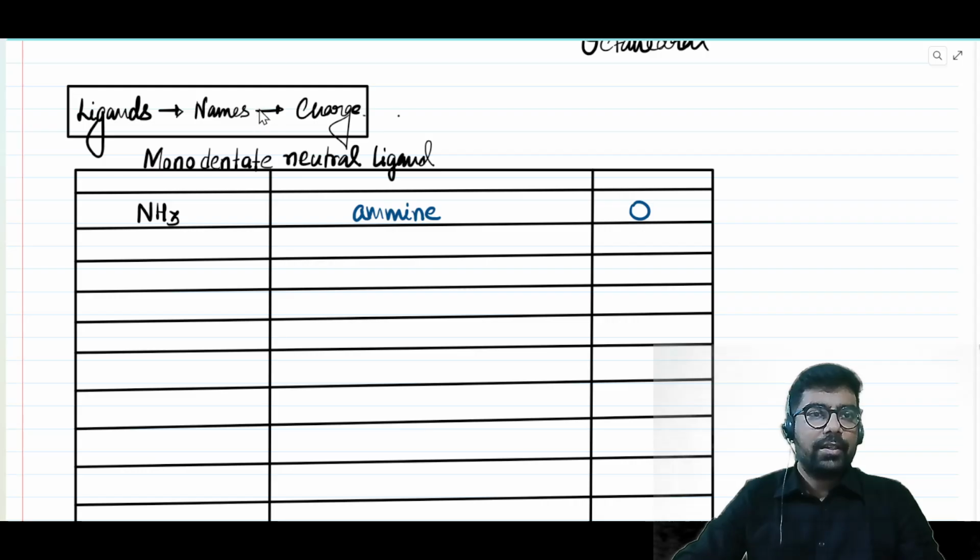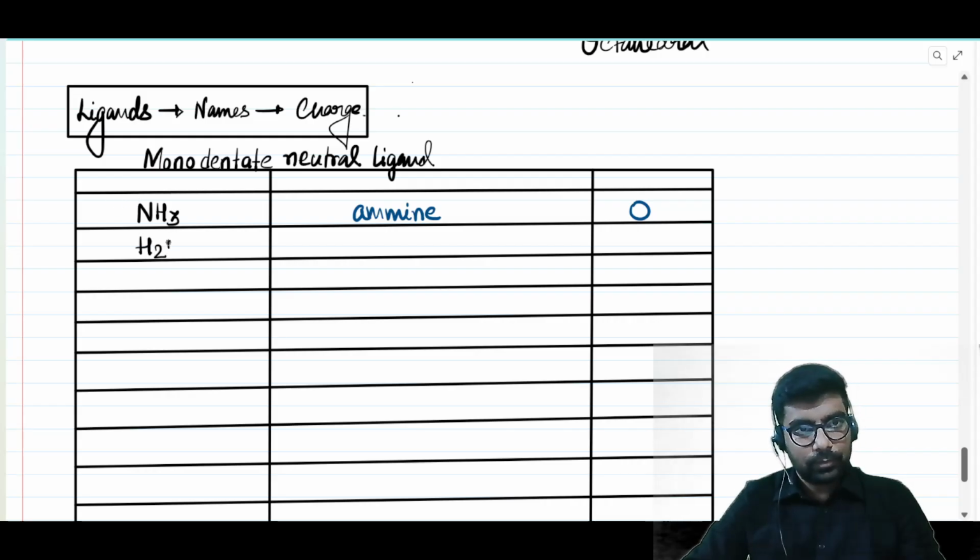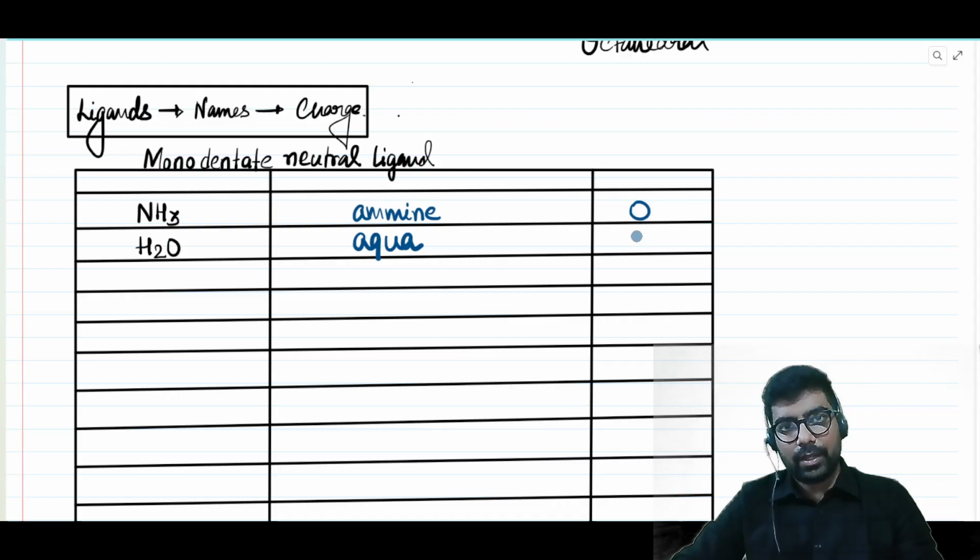Next ligand is H2O. The name of the ligand will be aqua, AQUA. Charge again 0.